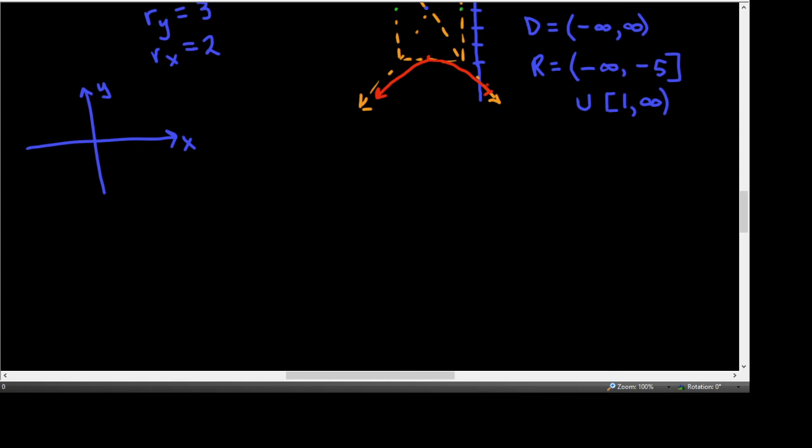So the center is at (1, 2). I have a focus at (6, 2): 3, 4, 5, 6. Let's pick a color for the focus. Let's make the focus that color. (6, 2).